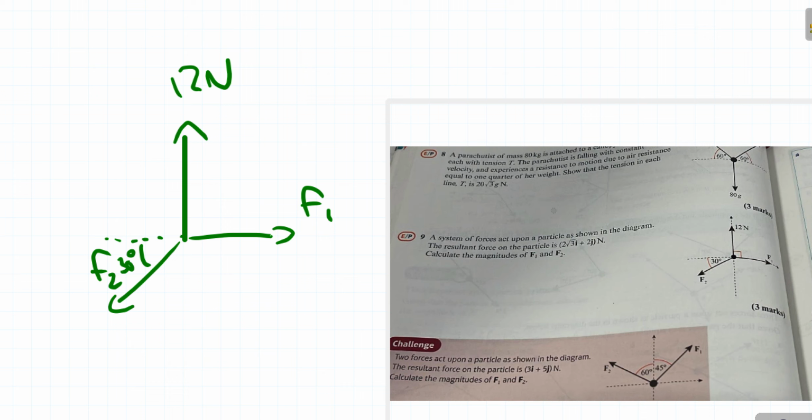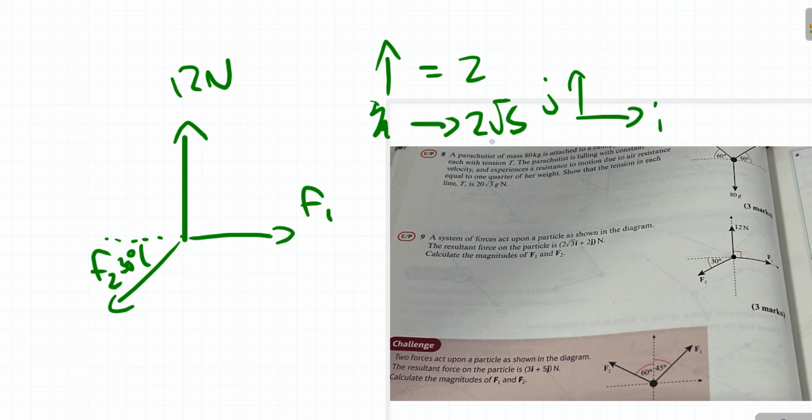The vertical component must equal 2 root 3, no, sorry, my mistake, it's going to equal 2, because i is in this direction and j in this direction. So the overall vertical force must be an upwards force of 2, and the horizontal force must be 2 root 3.